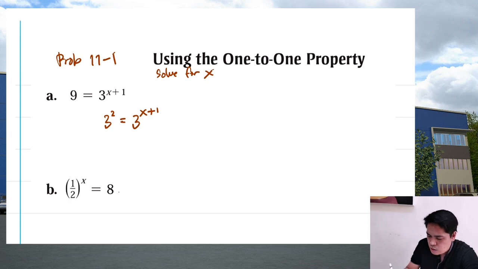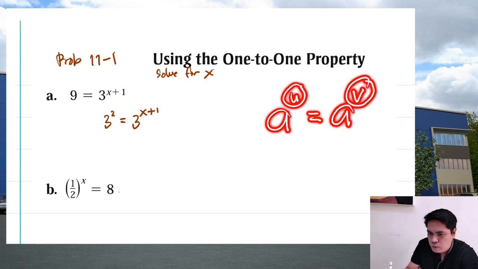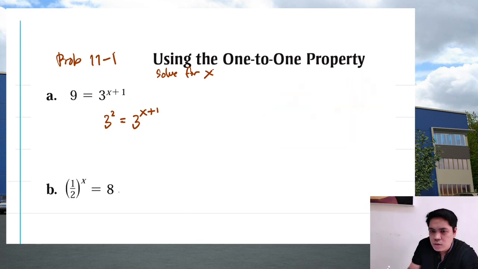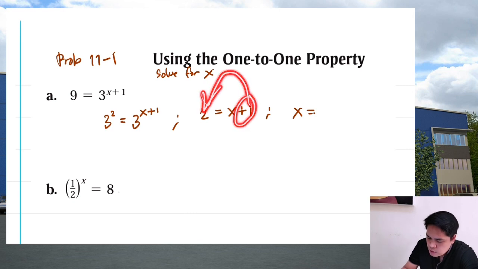That's common sense. A raised to u is equal to a raised to v, so, therefore, u is equal to v, kasi pareho din naman sila dito ng base. So, parang common sense lang. Algebra is just common sense. So, therefore, 2 is equal to x plus 1. Hence, x is equal to, transpose this to the other side, 2 minus 1. X is equal to 1.